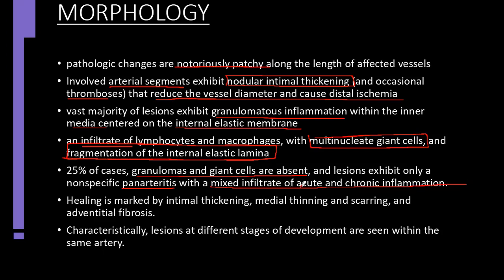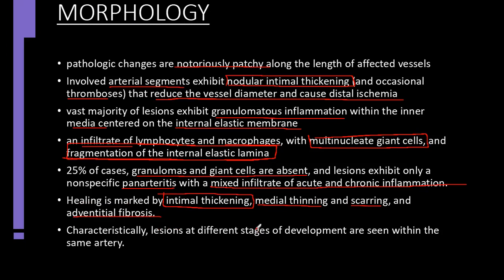So you will see an infiltrate of neutrophils, lymphocytes, macrophages. Healing in this case is marked by intimal thickening with medial thinning. So there will be medial attenuation and scarring and adventitial fibrosis.